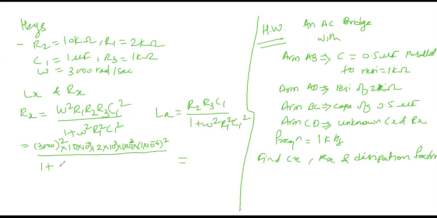Divide by 1 plus again omega square, that is 3000 square multiplied by 2 into 10 raised to 3 square multiplied by 1 into 10 raised to minus 6 square. Now calculate this and tell me the answer.